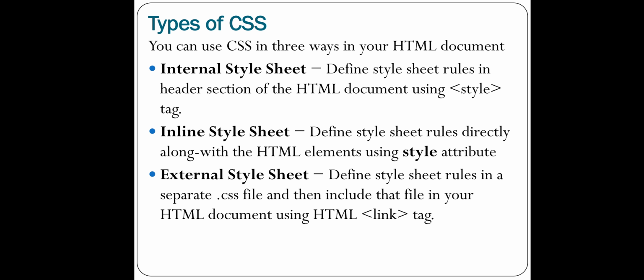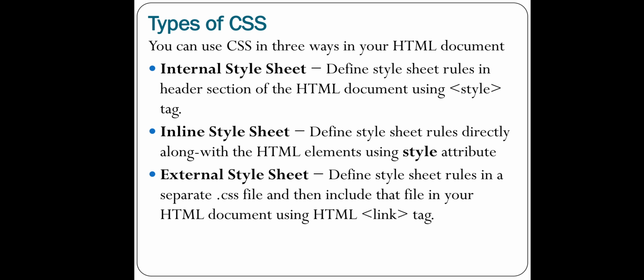So I hope the first 2 ways are clear. Internal style sheet will have a style tag, and if you are using inline style sheet, then you will have style as an attribute which will be enclosed within the tag itself. And the third and the last way to include CSS is the external style sheet.